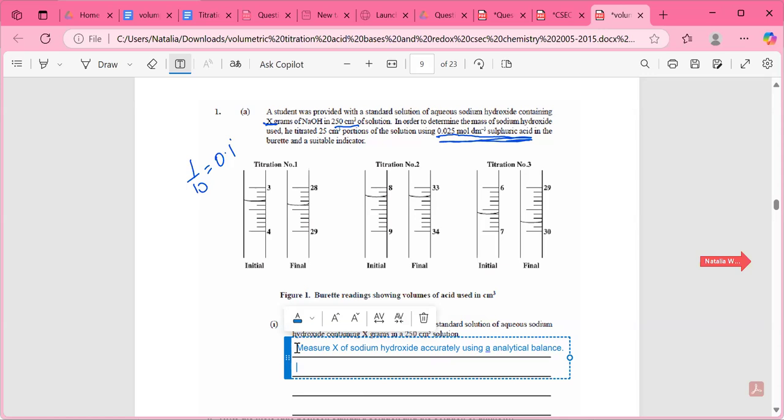Then we are going to transfer X grams to a clean beaker, add a small volume of distilled water in and dissolve.